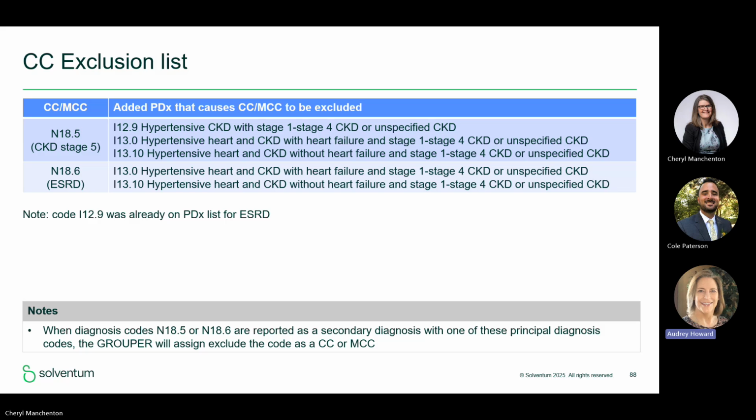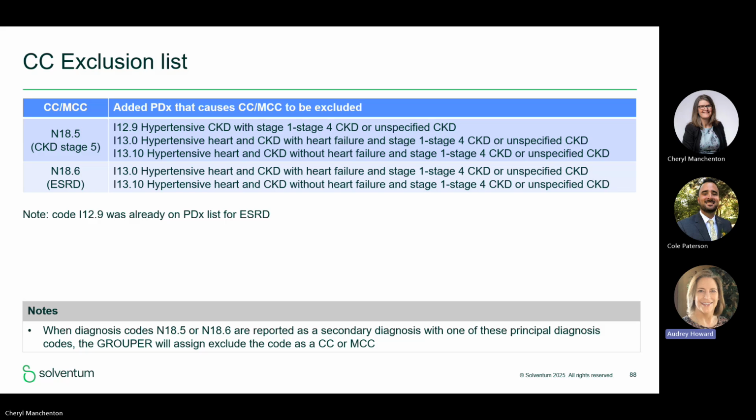So if the predecessor code was on the CC list, then so were the new codes. And so nothing was really deleted or added to the CC list. But also every year, CMS looks at those conditions that could be excluded as a CC or MCC, depending on what the principal diagnosis is.